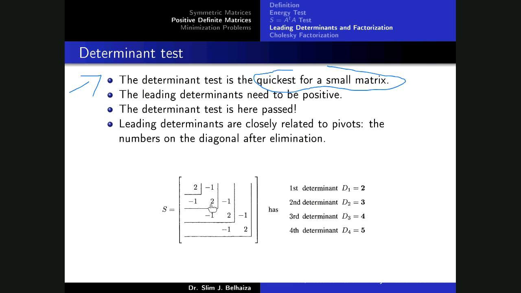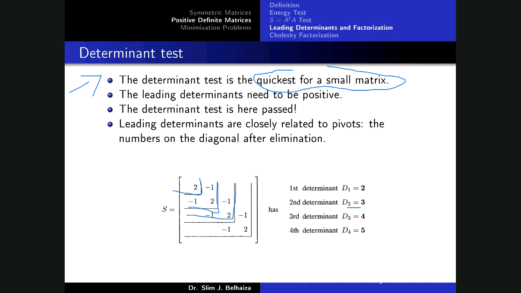What do you mean, the leading determinants? For example, you start with the first submatrix, the one generated by row 1, column 1. Then you add a row and a column, and you get the next determinant. Here, for instance, it's 3. The next one here, for instance, is going to be 4.